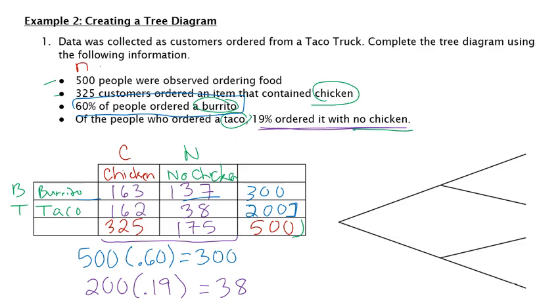Okay, and now I could use this information if I needed to fill in my tree diagram. So I know that these are my little branches here, and then we can break it up for no chicken, chicken, burrito, taco. It doesn't really matter. It really matters how we want to make our condition here. So since this had a condition here, I might say burrito and taco.